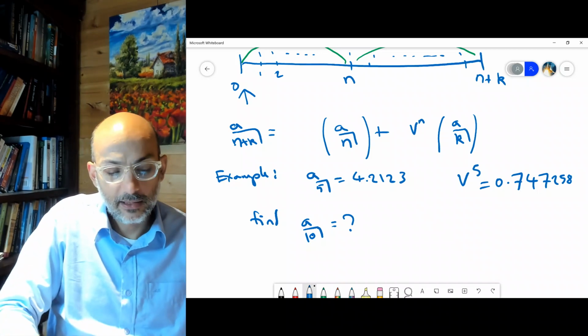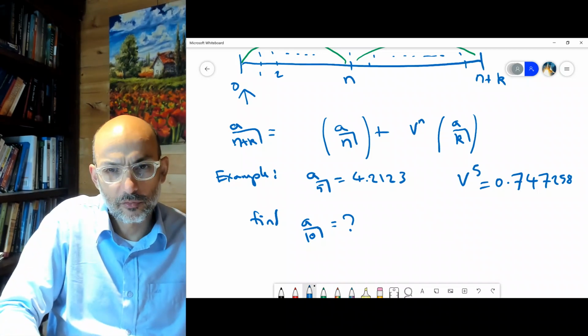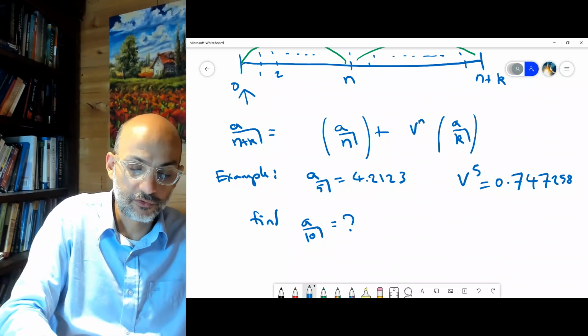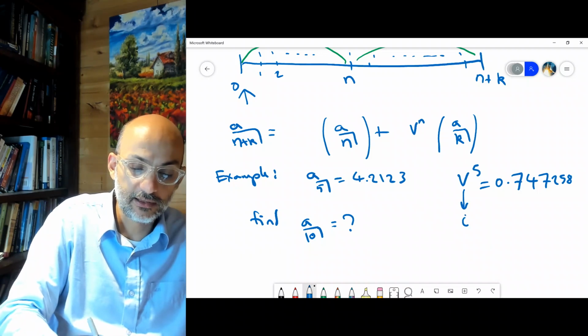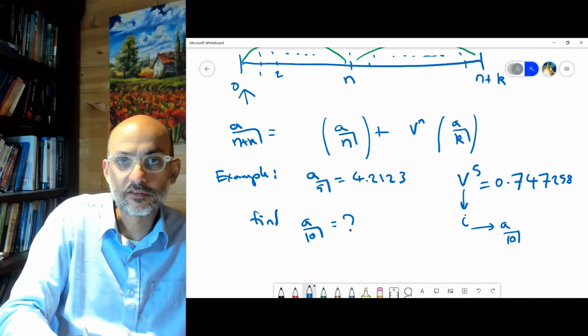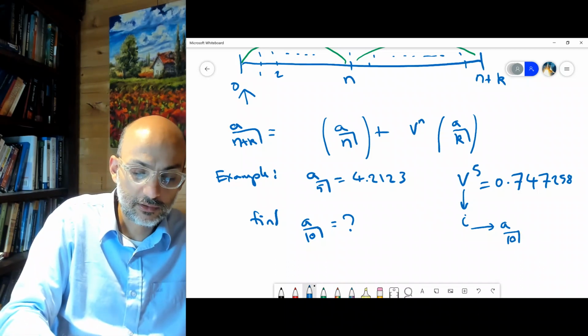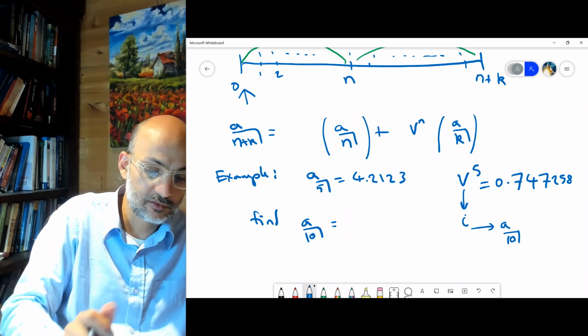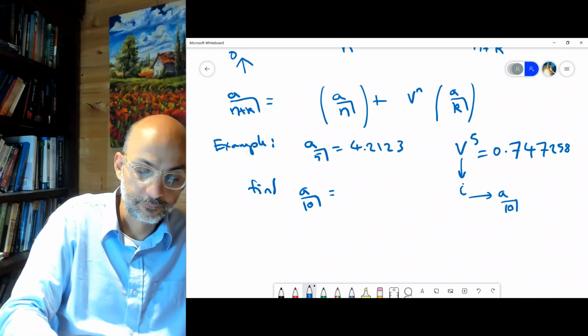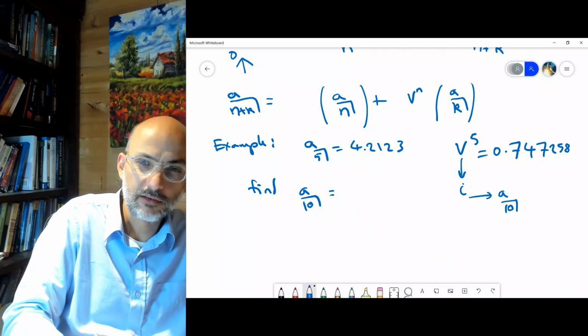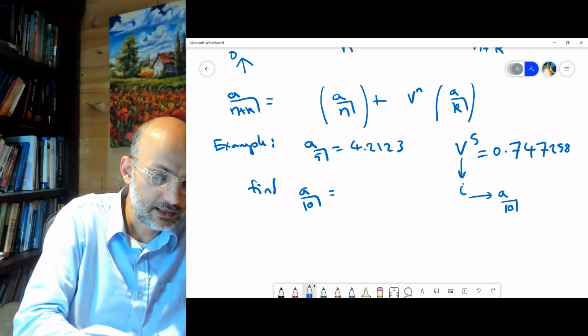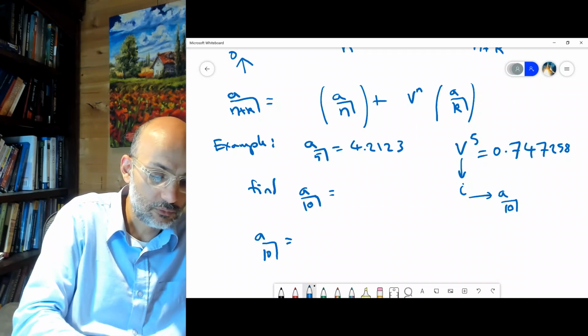There are several ways. One, the harder way, is from here you can find i, and then once you find i, you find a angle 10 directly. It's not very difficult. But we wanted to use this relationship. Alternatively, you can verify it yourself, but we can recognize that a angle 10 is equal to a angle 5 plus v^5 times another a angle 5.